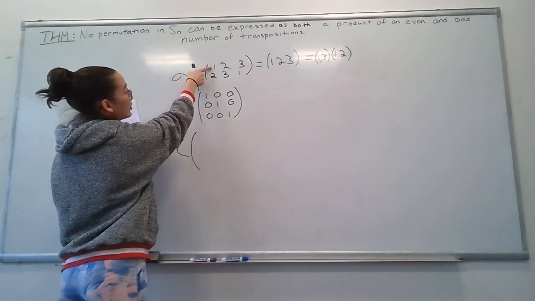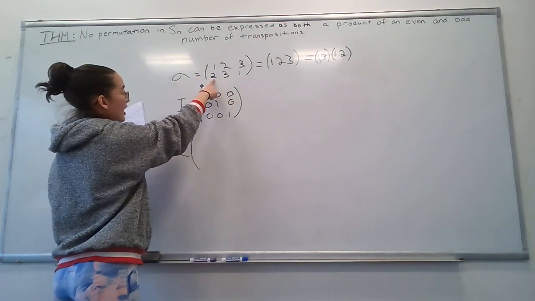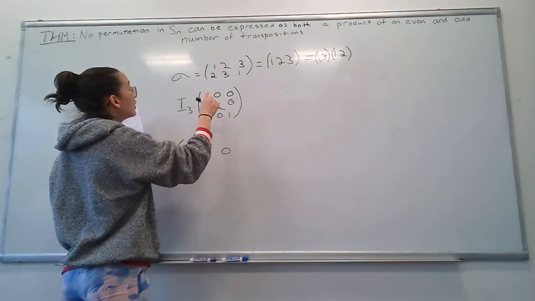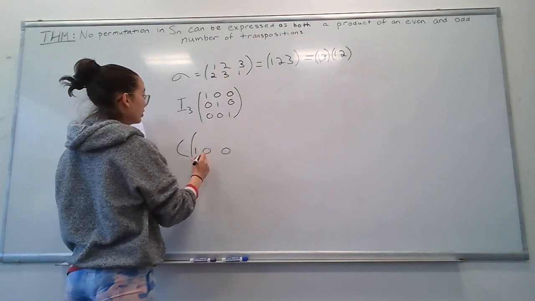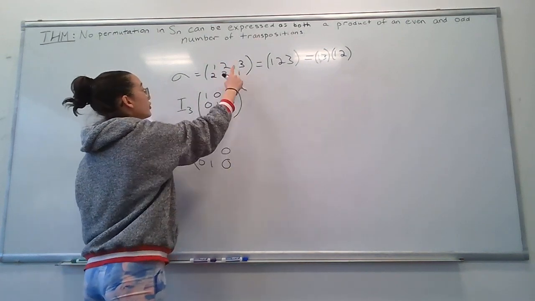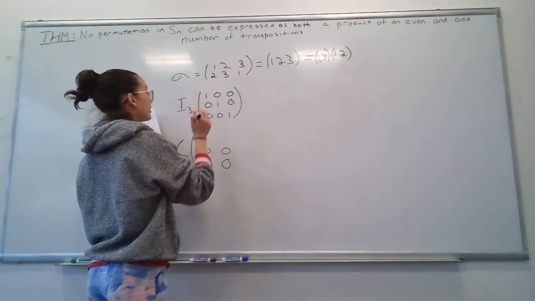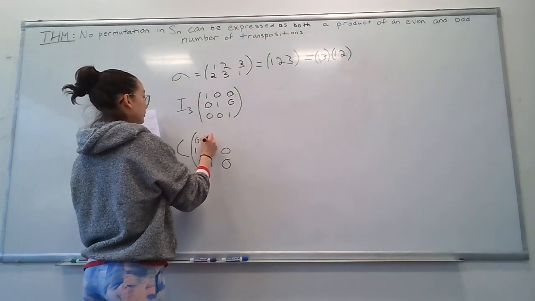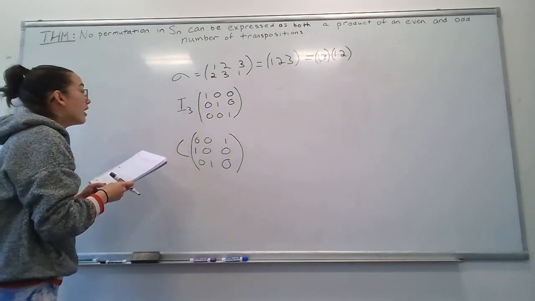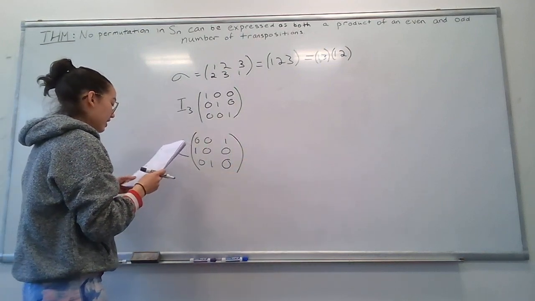Where we take the first row and put it in the second place. We take the second row, put it in the third. And we take the third row of the identity matrix and put it in the first row. And so that's our new matrix.